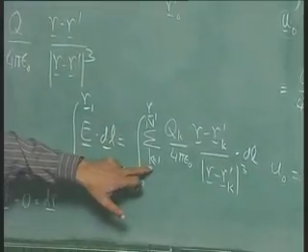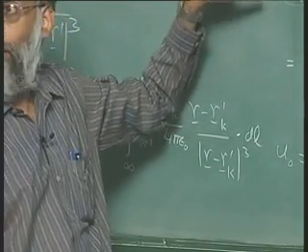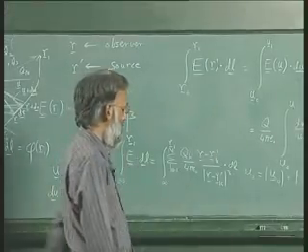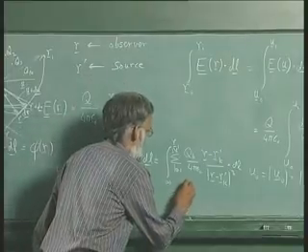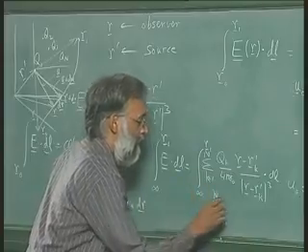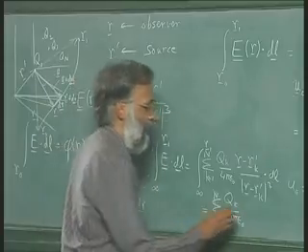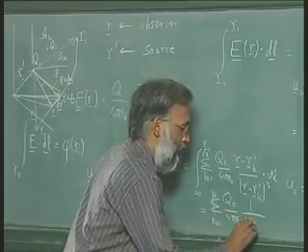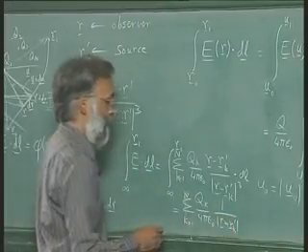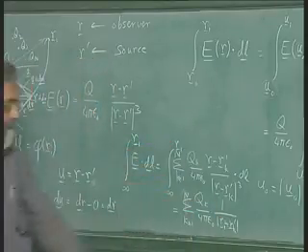Now, each of these terms is nothing but this integral that we have already done. So, the answer must therefore be just the sum of all these answers. So, it becomes equal to the sum over k equals 1 to n of q sub k over 4 pi epsilon naught times 1 over the magnitude of r minus r k prime, and this will now be r1, the limit r1.